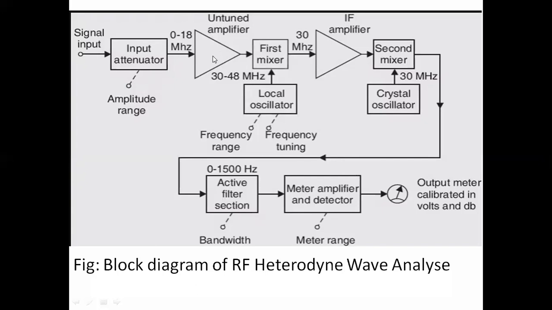Untuned amplifier. Here we can amplify the signals which are generally obtained from the input attenuator, in the range of 0 to 18 megahertz.